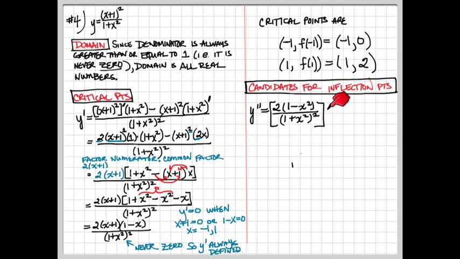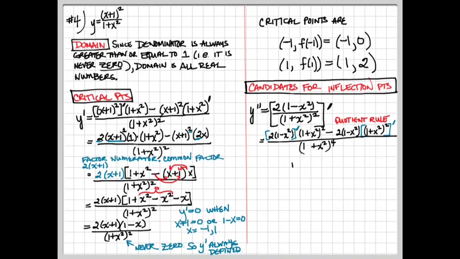This is what I want to take the derivative of, and the derivative again will consist of a quotient rule. So we will take the derivative of the numerator, that's 2 times 1 minus x squared, times the denominator minus the numerator, times the derivative of the denominator over the denominator squared.